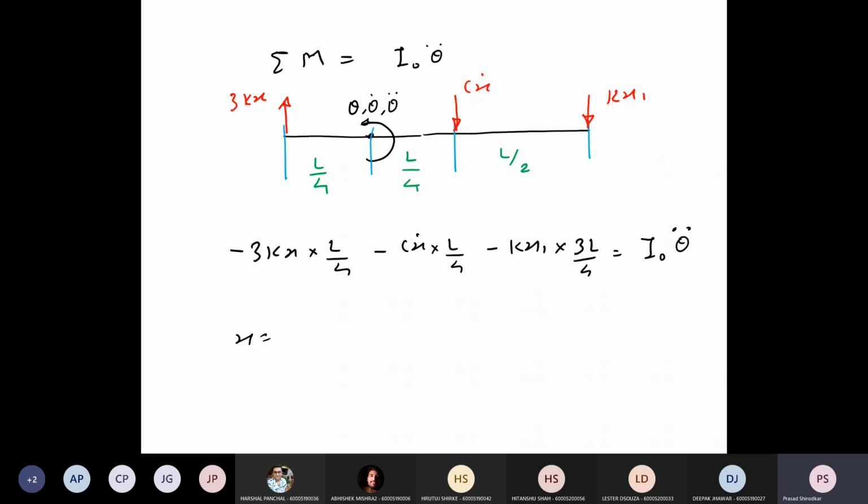Now x is equal to L by 4 into theta. X dot will be L by 4 theta dot. X1 will be 3L by 4 theta. So let's substitute all these values in the equation and convert this entire equation in terms of theta. Okay.